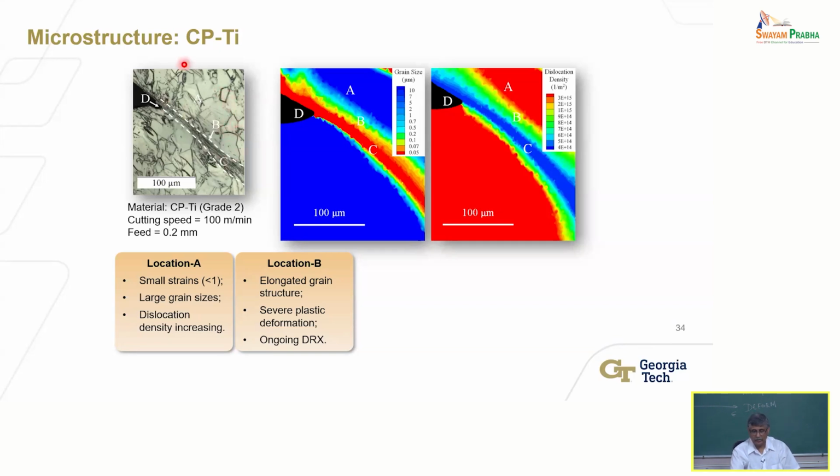But in between these segments of the chip, there is this very narrow region where you cannot see grains. So whatever grains were there are highly deformed, so deformed that you can't resolve the grain structure. So that is an indicator that there is something more happening there. And then you need to go deeper.